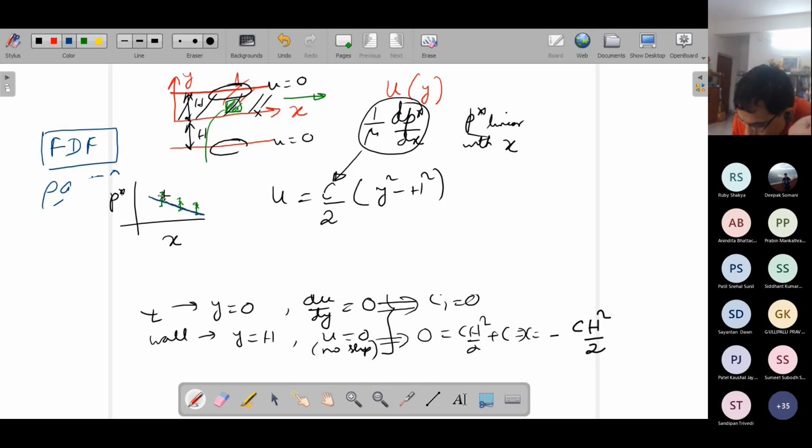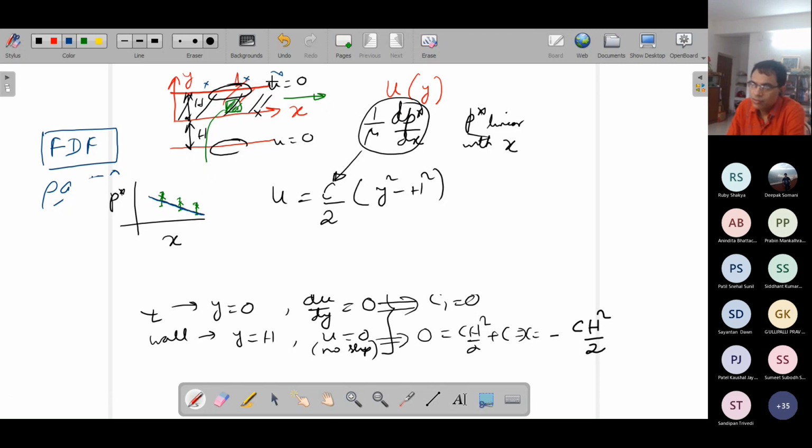It will be just like this straight line because dp star dx is constant, and from the slope of this straight line, by this experiment you can get dp star dx. So these are pressure measurements at certain axial locations, and this is a very straightforward device which has been existing for quite some time for pressure measurement in fluid flow.